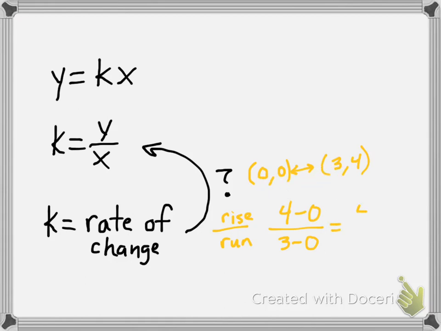So I really just get 4 over 3, which is really just this y over that x. Since any direct variation always goes through the origin, whatever the other point is, you can just put y over x to find your k value.